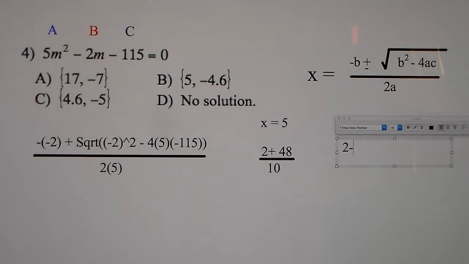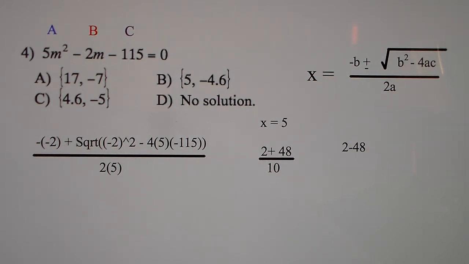So 2 minus 48 divided by 10, we get -46, and -46 divided by 10 gets you -4.6. That's B for the answer for number 4.